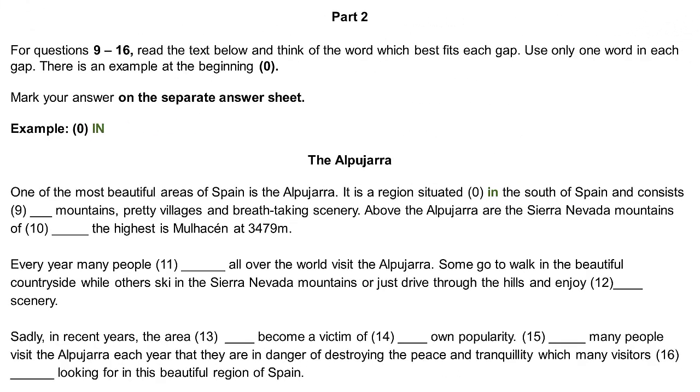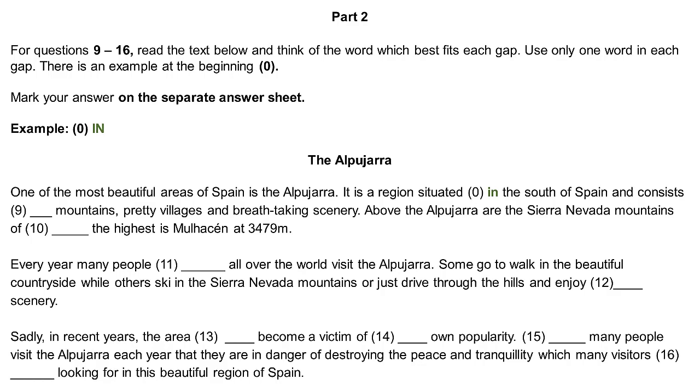Let's go back to the text on the Alpujarra and read it with me. The Alpujarra. One of the most beautiful areas of Spain is the Alpujarra. It is a region situated in the south of Spain and consists mountains, pretty villages, and breathtaking scenery. Above the Alpujarra are the Sierra Nevada mountains.